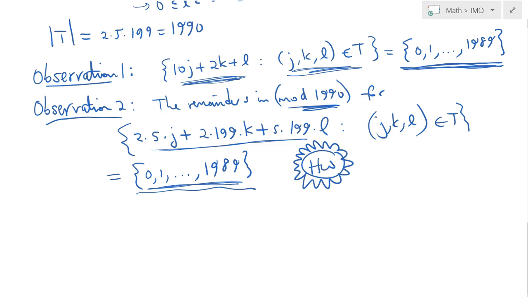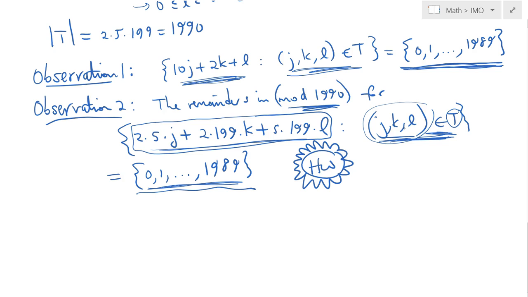The way to do it is obviously because T has 1990 elements in it. At most, we have 1990 numbers that we can generate. All you need to do is show every number generated here is different, right? So two randomly picked numbers can never be equal. If they are equal, then this should imply that they are taken from the same set T. They were generated by the same triple, basically.